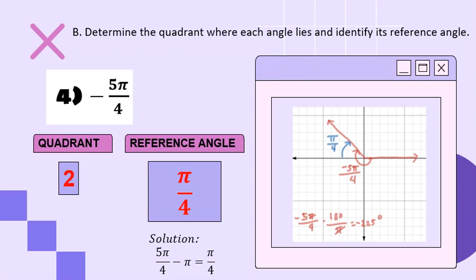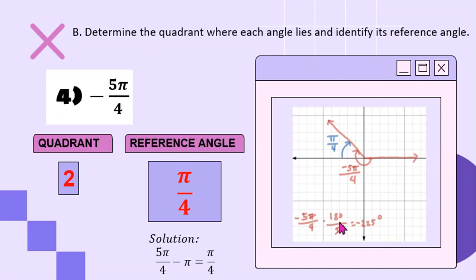That's why, as I taught you, convert it first to degrees so that it would be easy to plot your angle. So we have negative pi over 4.